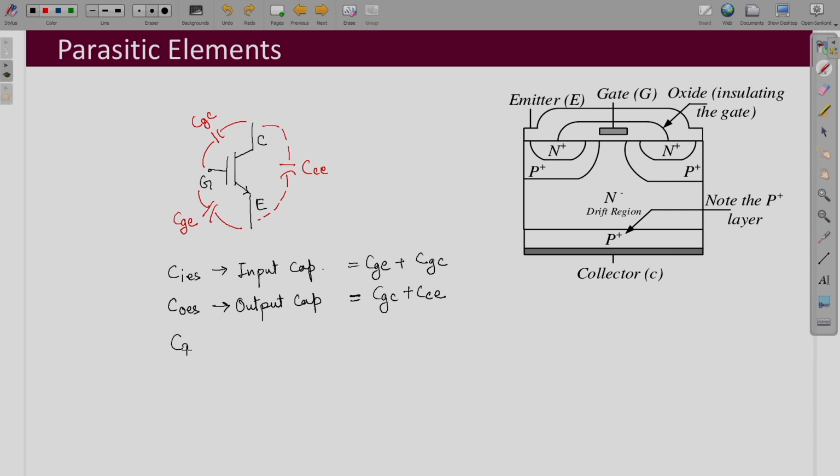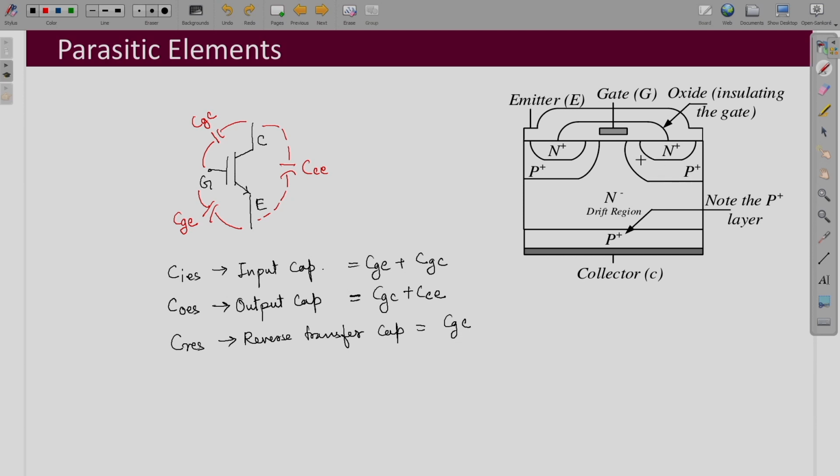And then there is this reverse transfer capacitance, which is equal to your gate to collector capacitance.